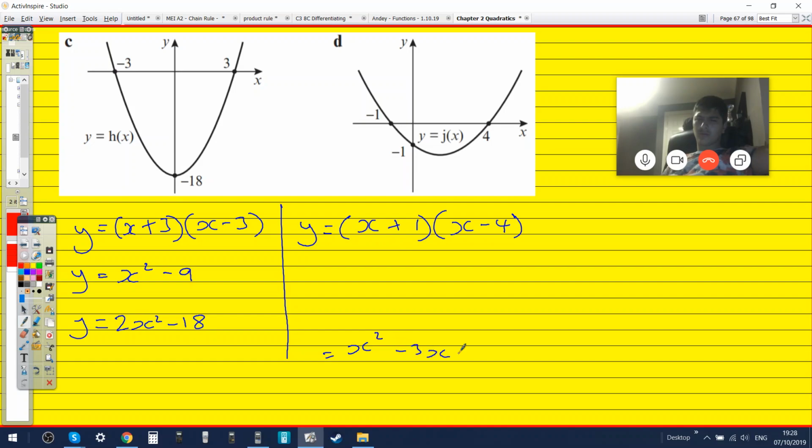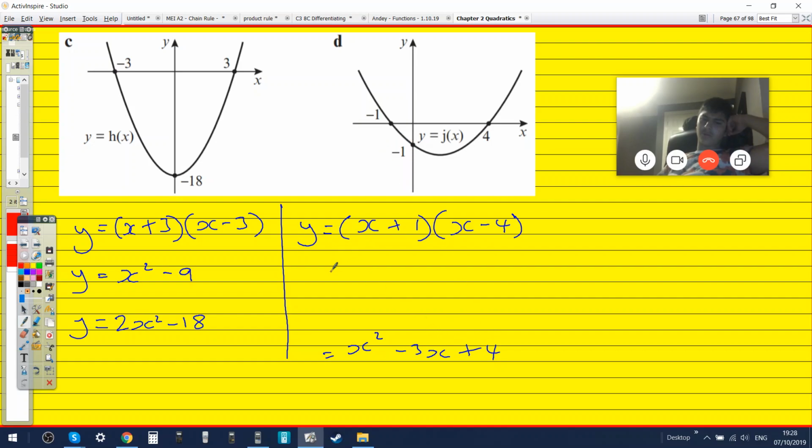Okay. What would be the y-intercept of that? Minus 1, of what we have. If we sub 0 for our x, what would we get? We would get minus 4.